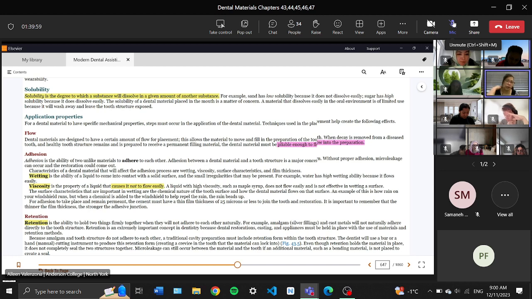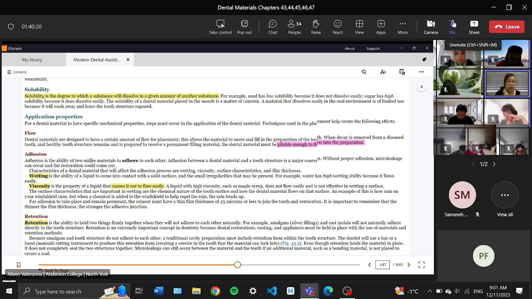The surface characteristics that are important in wetting are the chemical nature of the tooth surface and how the dental material flows on that surface. An example of this is how rain on your windshield runs, but when a chemical is added to the windshield to help repel the rain, it beads up.